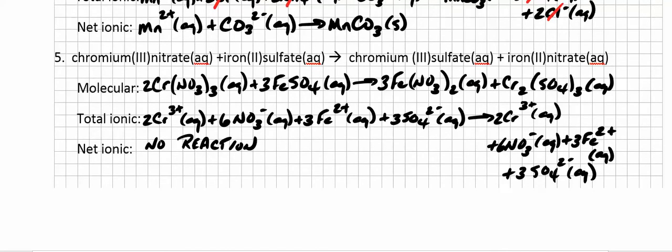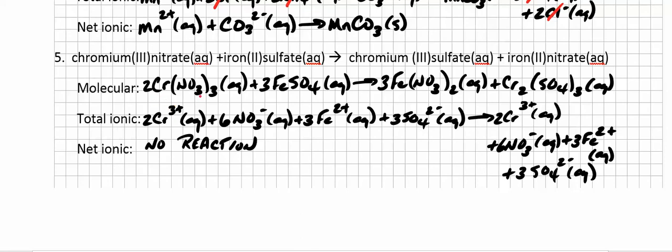We've got chromium 3 nitrate, aqueous, plus iron 2 sulfate, also aqueous, yielding chromium 3 sulfate aqueous and iron 2 nitrate aqueous. The fact that there is no solid formed here should be a very big clue that we're not going to get a reaction, but let's go through the process anyway.